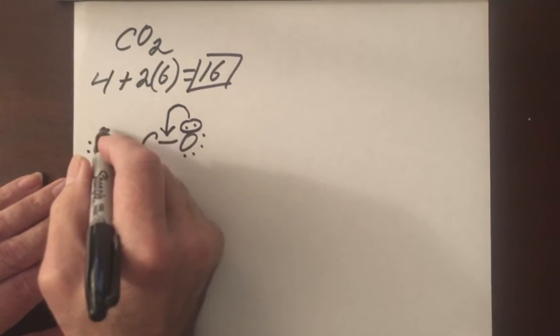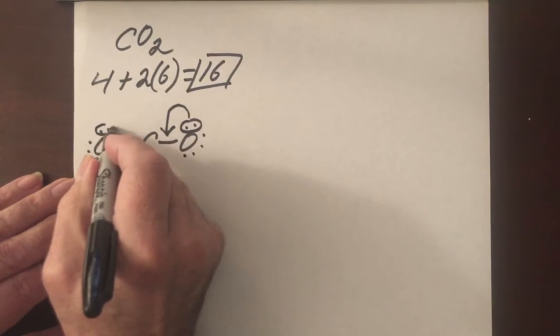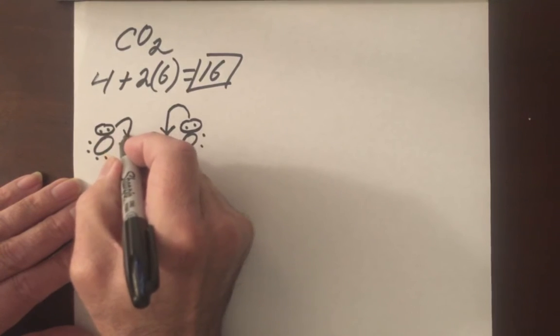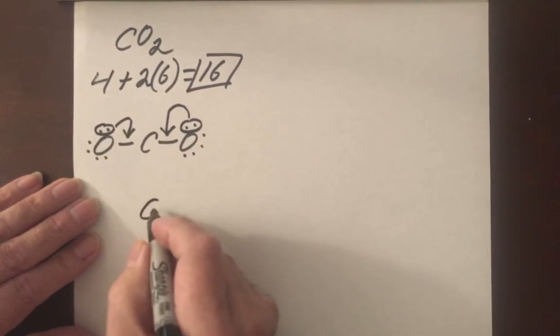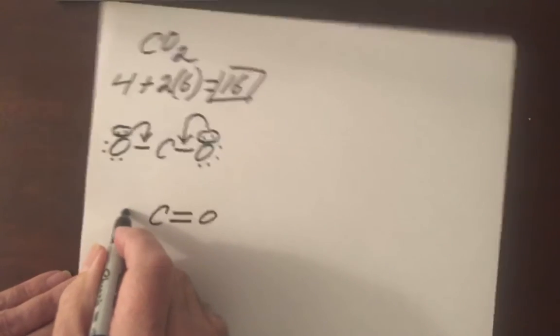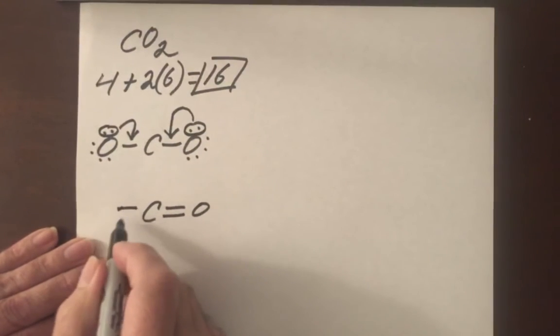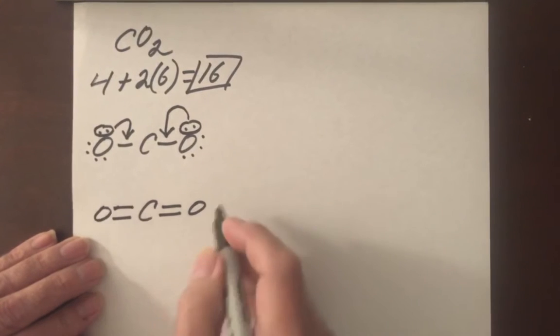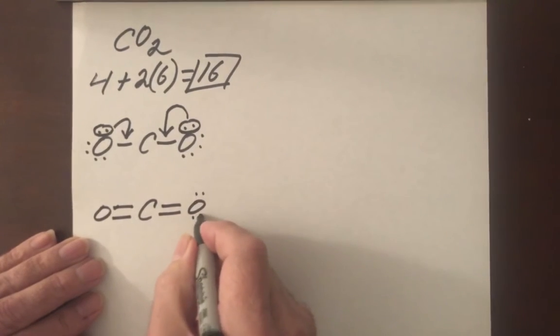And I'm going to do the same to the other oxygen, which gives me carbon with 2 double bonded oxygens. Completing the oxygens' octet.